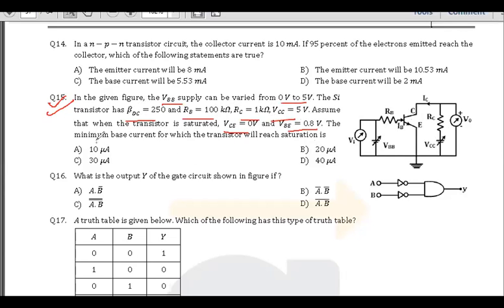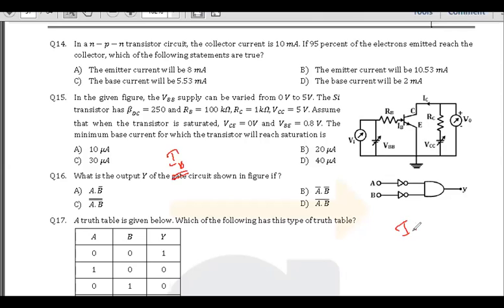You have to calculate the minimum base current for which the transistor will be saturated. Try to solve this one. This will be the toughest form that you will see in either JEE Mains or NEET. Just try to link everything. You have to find minimum IB.